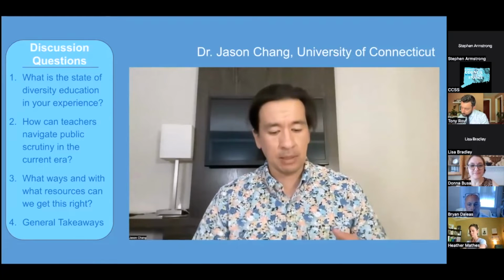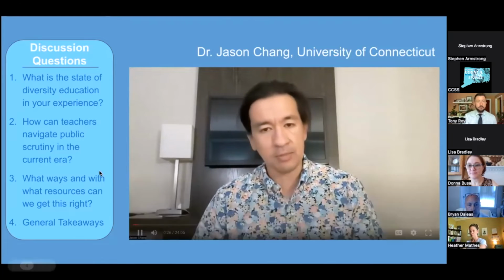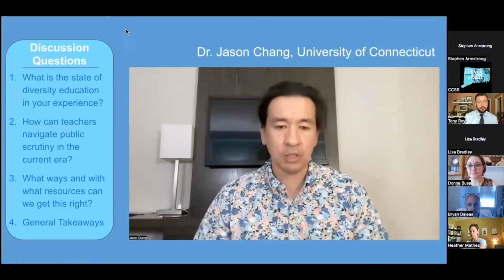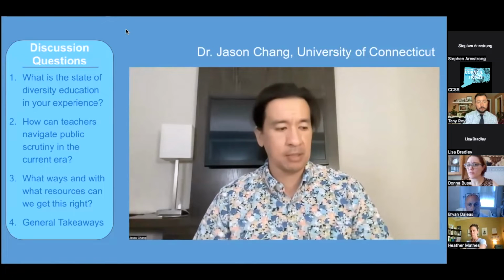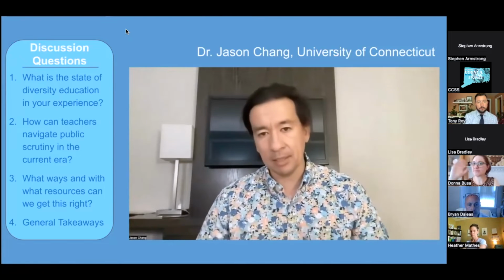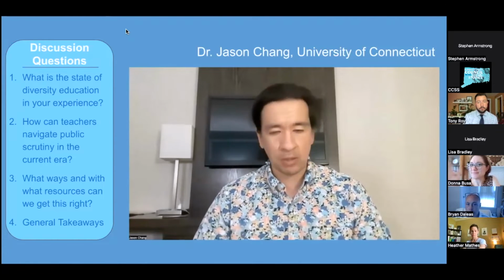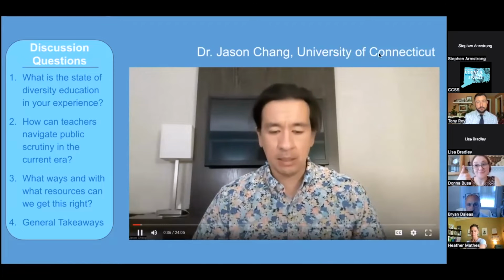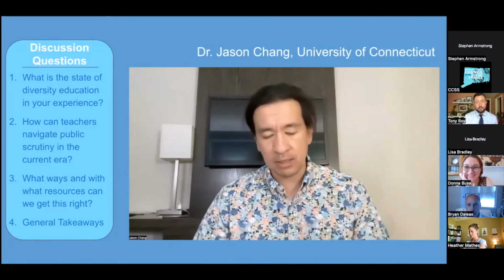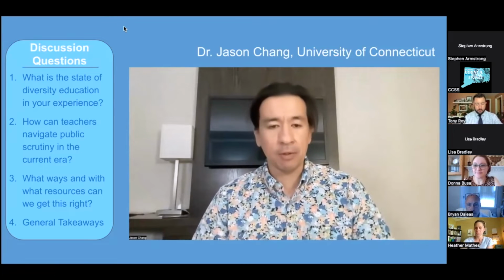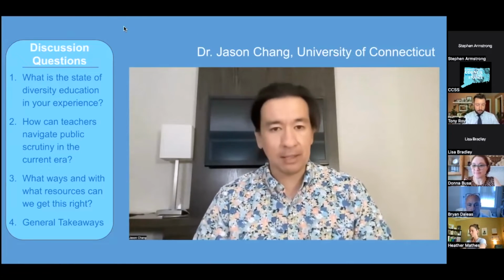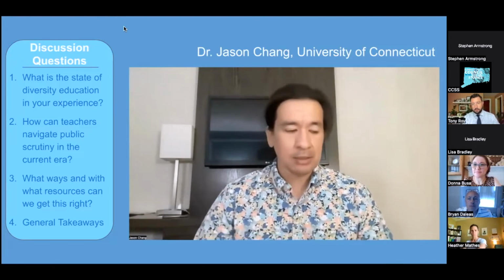I am on the Governor's Hate Crimes Advisory Council. And I'm also the state director for our campaign, Make Us Visible Connecticut, which has been advocating for Asian American and Pacific Islander studies in the legislature.